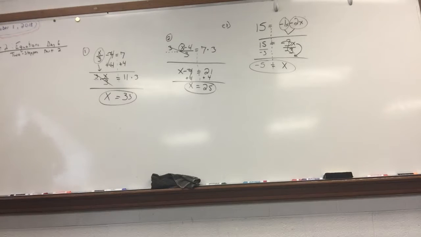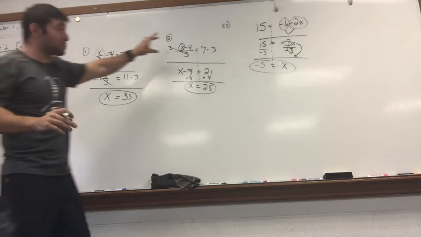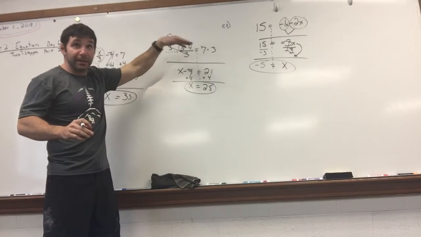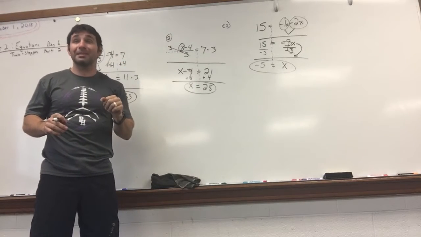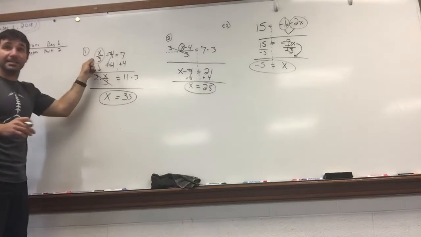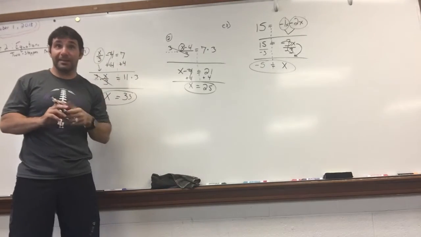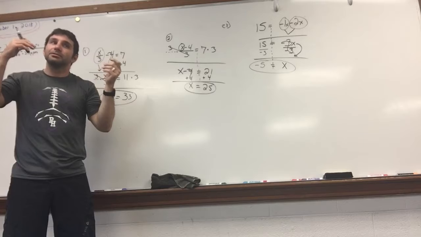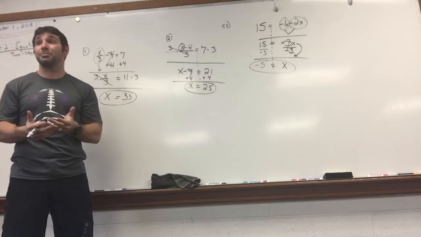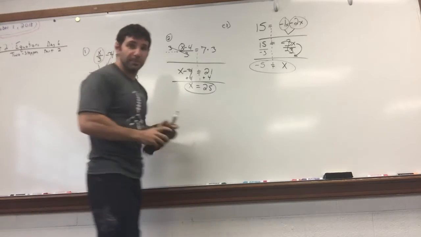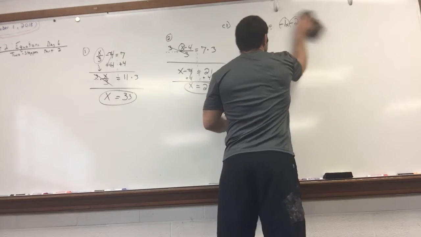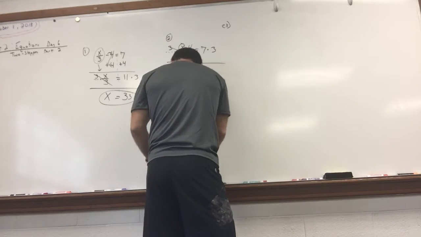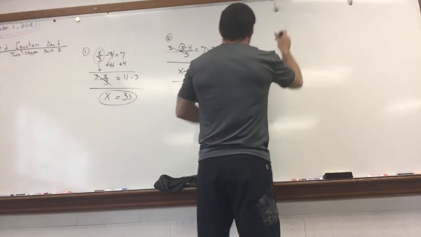In this problem, everything has a denominator. Does that make sense? Just the x had a denominator, now everything has the denominator. You will get confused the first couple times. So, let's do this problem.